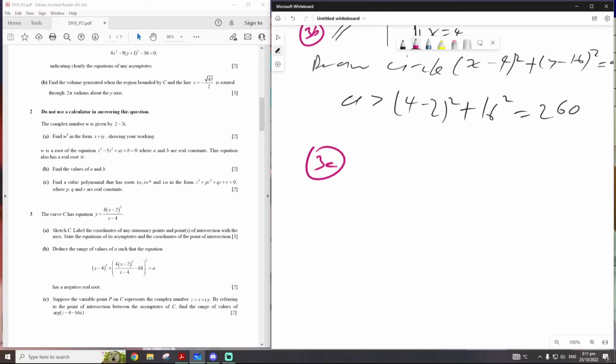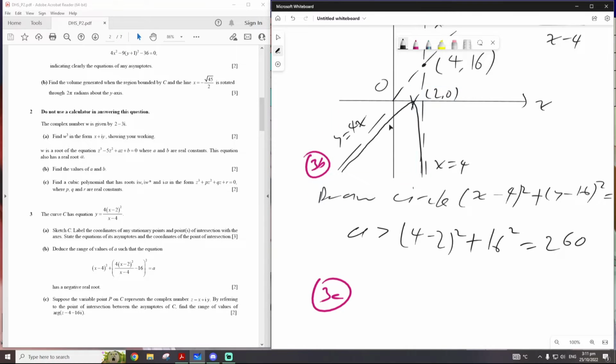And the answer for this case will be: if we go in the other direction, the argument will be greater than negative tangent inverse of 4, but it will be less than negative pi over 2.